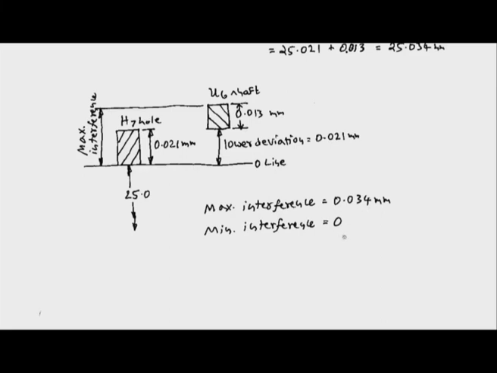Now in all these problems we discussed how to find the tolerance value, then how to find the fundamental deviation, and then how to calculate the tolerance value for both shaft and hole, and then how to find the limits for shaft and hole, and then how to calculate the maximum interference or maximum clearance or whatever it is.